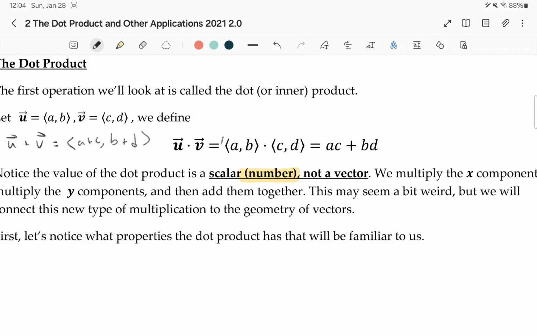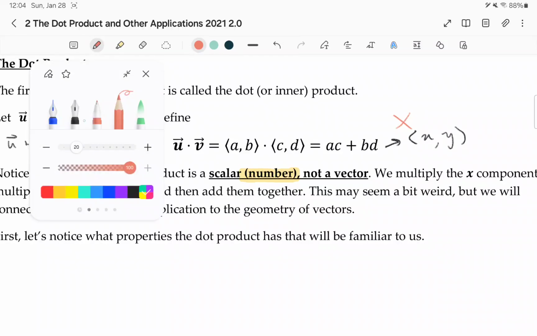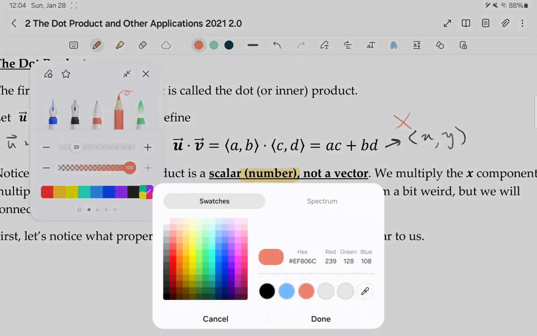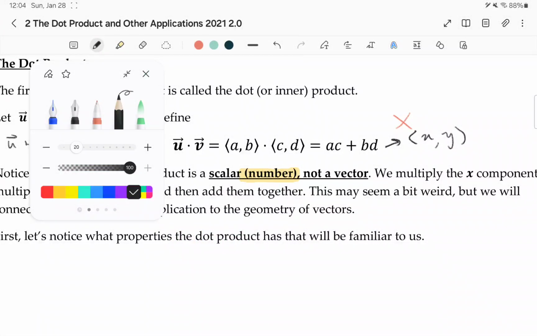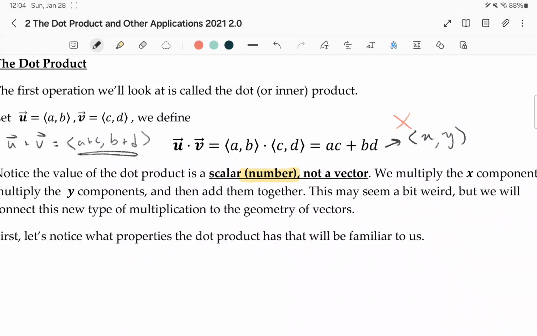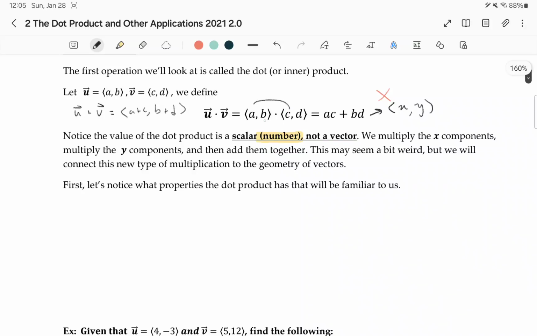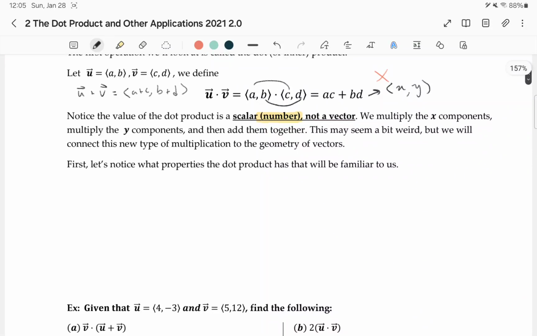It doesn't result in something in component format, so this does not happen. If we go back, it's pretty similar to the addition one, except that it's no longer in this form, and you multiply these and then add them together. That's pretty easy.